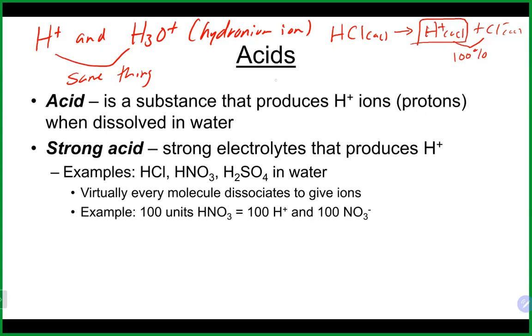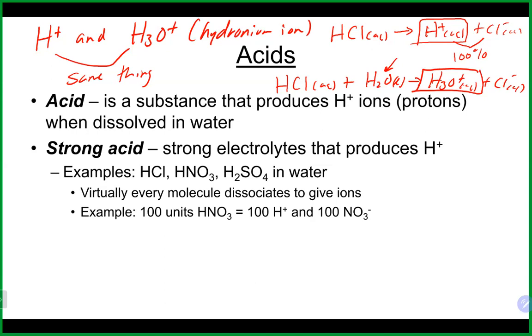You could also, and very commonly in books, they will write this dissociation of this acid in water. And if you do it with water, you will make H3O+ and chloride. So they are equivalent to each other. Really, the only difference is whether or not you put water into your equation or not. Again, I personally use H+ most of the time, but you can use H3O+ as well.